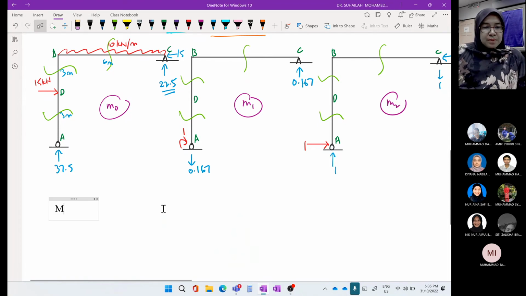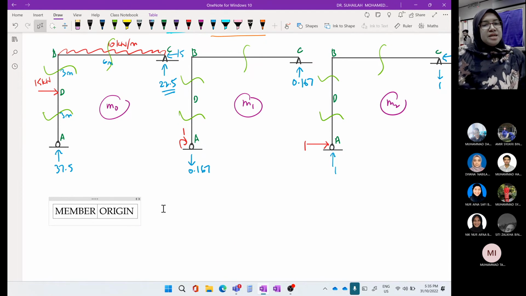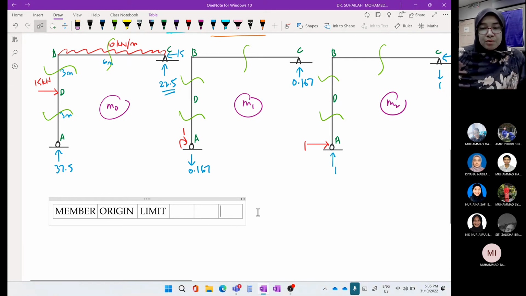Okay, remember origin. Member origin apa lagi? Limit. So we have 3 columns for M naught, M1, M2.